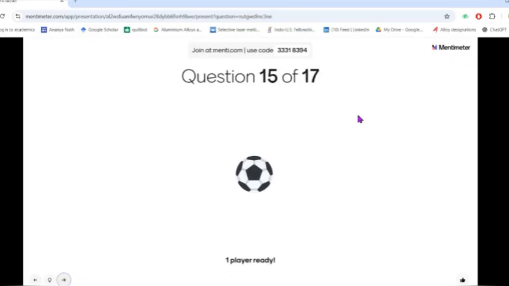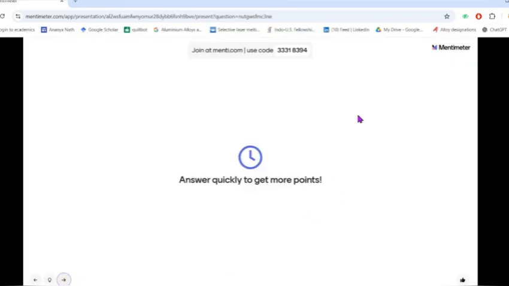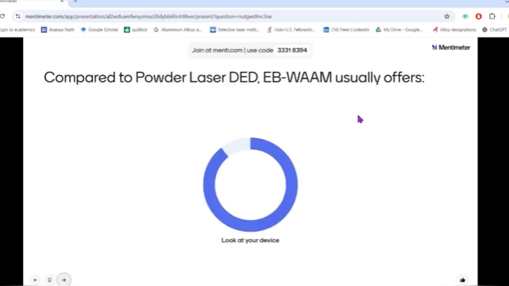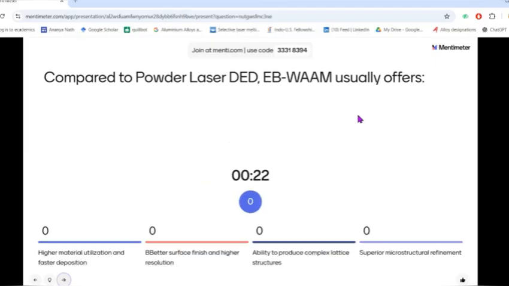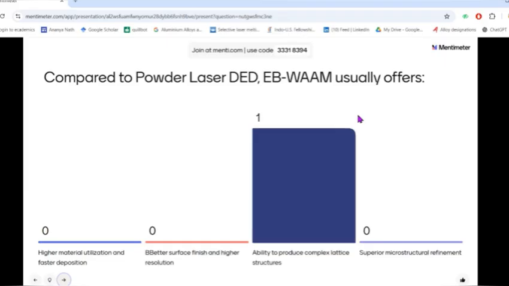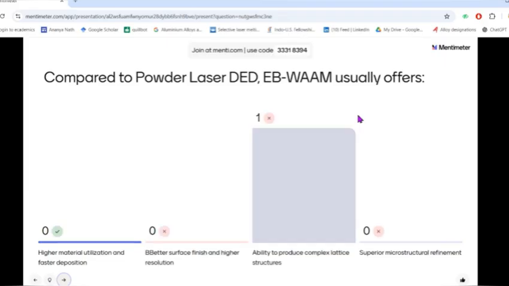Next question. Compared to powder laser DED, it easily offers higher material utilization because it's wire based.